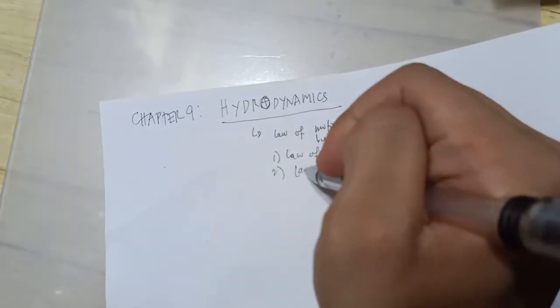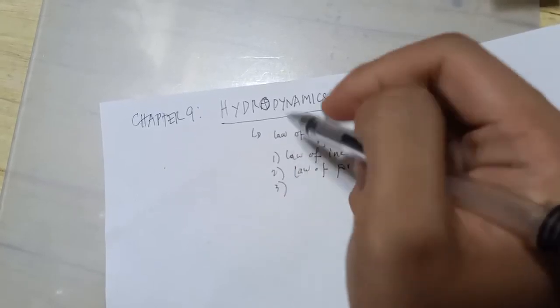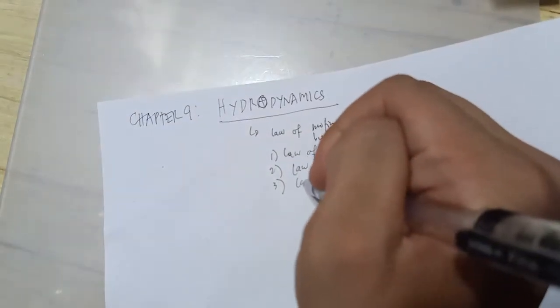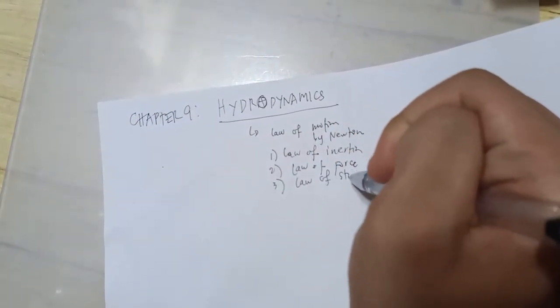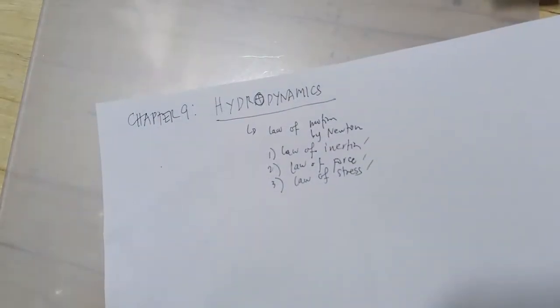So it is the law of force. And lastly, in every action, there is always an equal and opposite reaction. So that is the law of stress. So remember these three laws of motion by Newton: law of inertia, law of force, and law of stress.